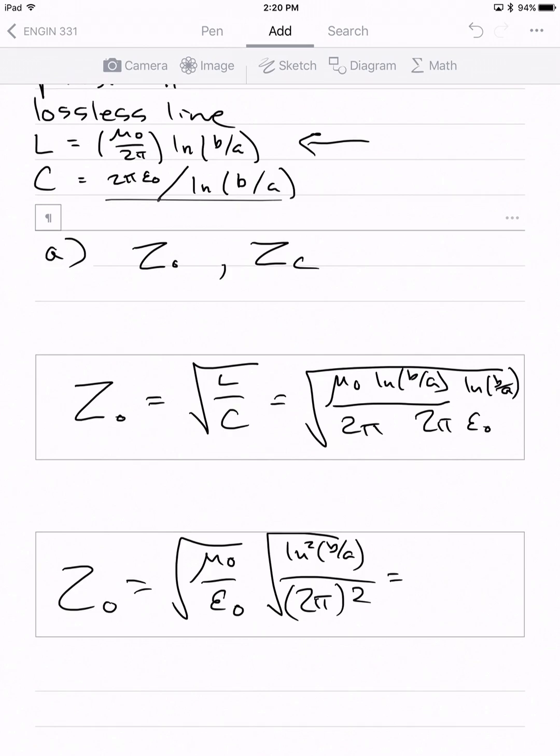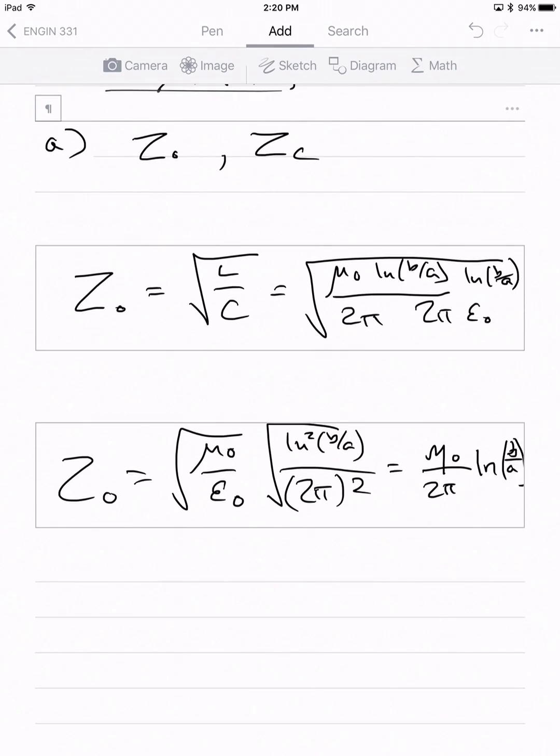So this whole thing works out to be eta naught over 2 pi ln of b over a. My ln is kind of crazy looking, but you get the idea. So that's our characteristic impedance on the line.